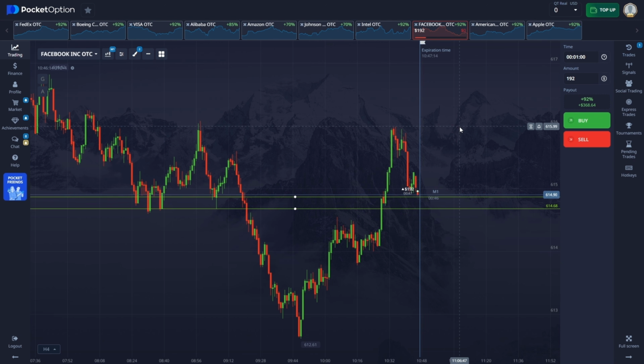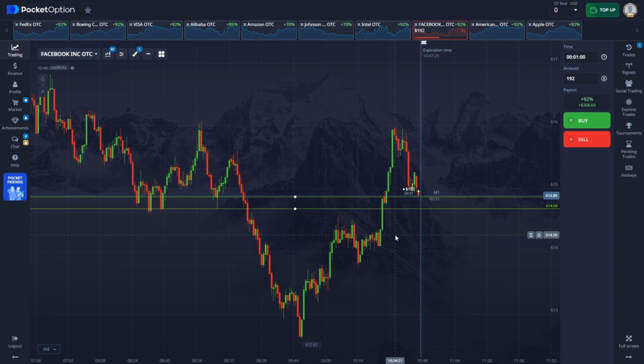You'll see that the candle is taking support from the level it broke. Then the candle faced resistance, broke the level again, and now the candle is trying to take support from that level again. This is also a retracement trade. Currently, the trade is not going in our favor, but we still have 25 seconds left.